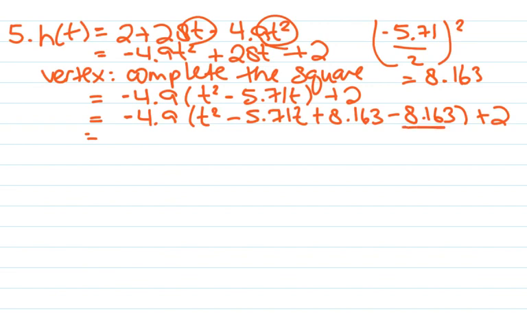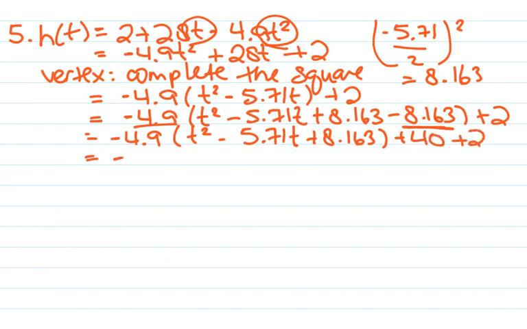Now I want to get this second 8.163 out of the bracket, so in order to do that I have to multiply it by negative 4.9. So now I'm left with negative 4.9 times the bracket t squared minus 5.71t plus 8.163, plus 40, plus 2.